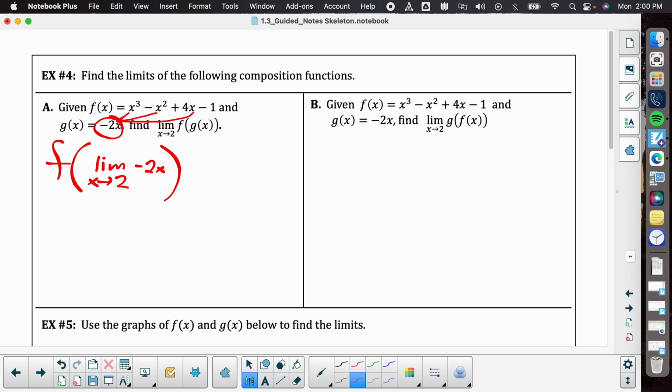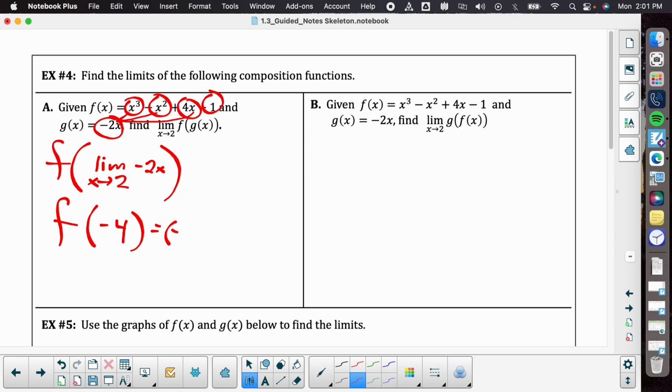I feel like I'm missing something because you haven't learned how to do this yet. Okay, well, you just plug the number in. So negative 2 times 2. You put it in place of x. So the limit as x approaches 2 of negative 2x would be negative 4. Then f of negative 4 would mean I put negative 4 in place of each x.